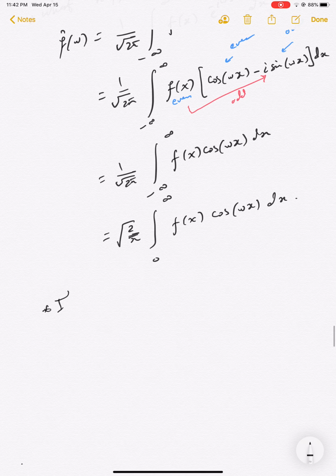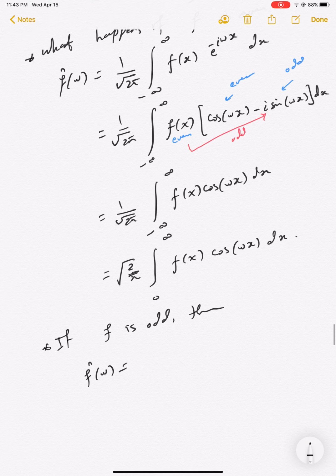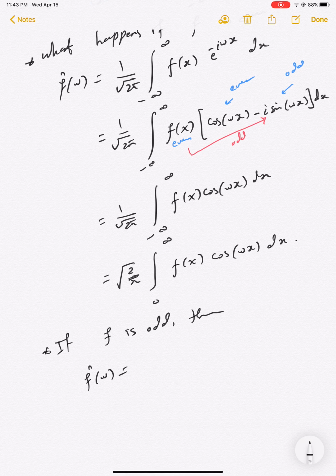On the other hand, if the function was odd, what is f hat of omega? This is the definition again, so we go back to this line, but this time if the function was odd, when you multiply the odd with the even, the result is odd, and this is what becomes 0, but then when you multiply the odd with the odd, you get even.